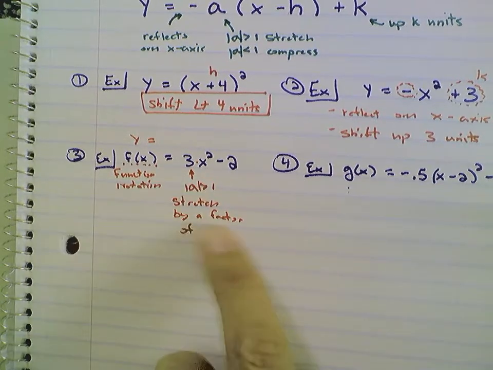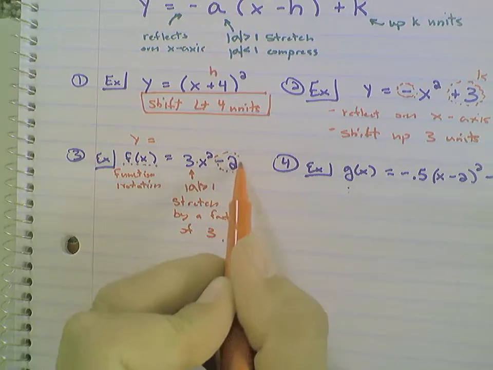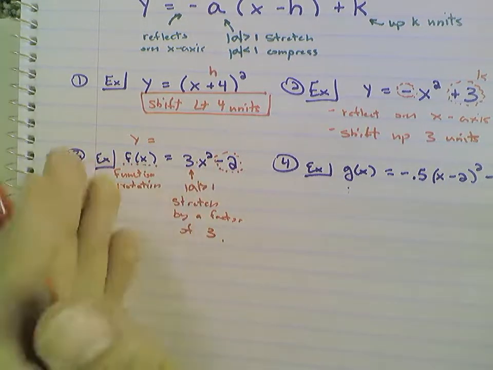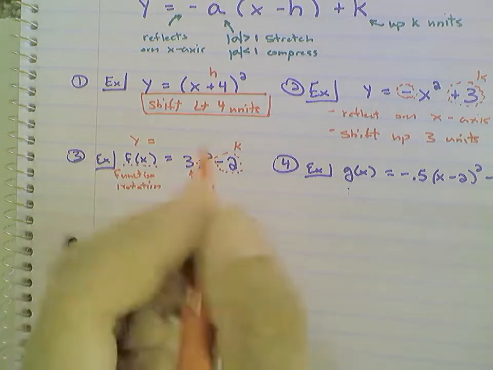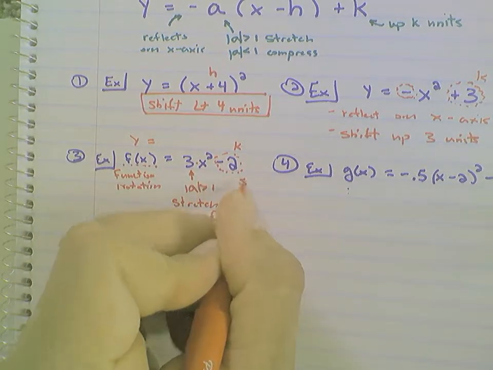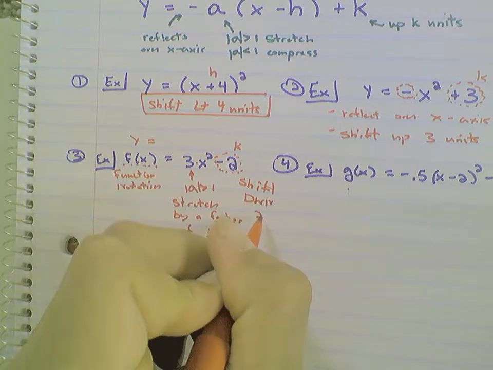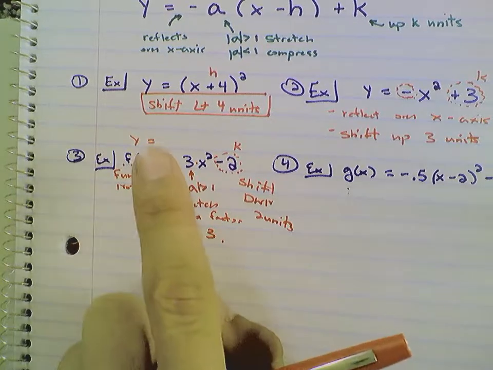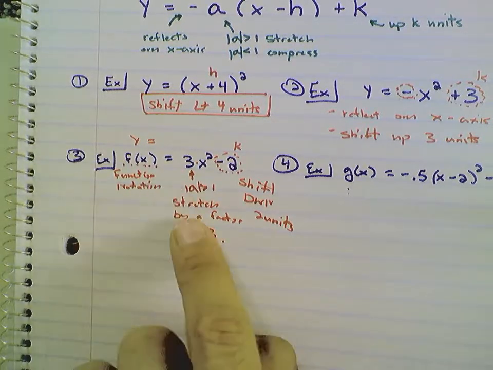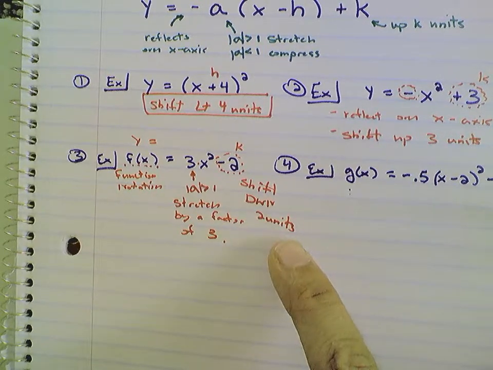I then notice I have this negative 2 on the end. It's on the outside of the function, so this is a k value. It's negative, so it'll shift down 2 units. So the 3 will stretch by a factor of 3, and then the negative 2 will shift down 2 units.